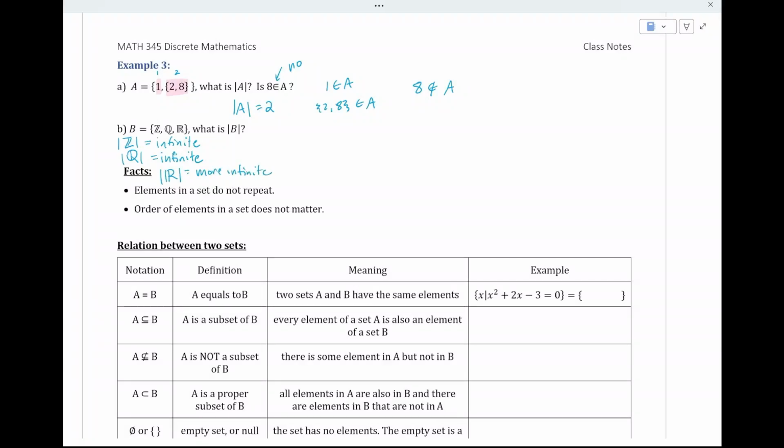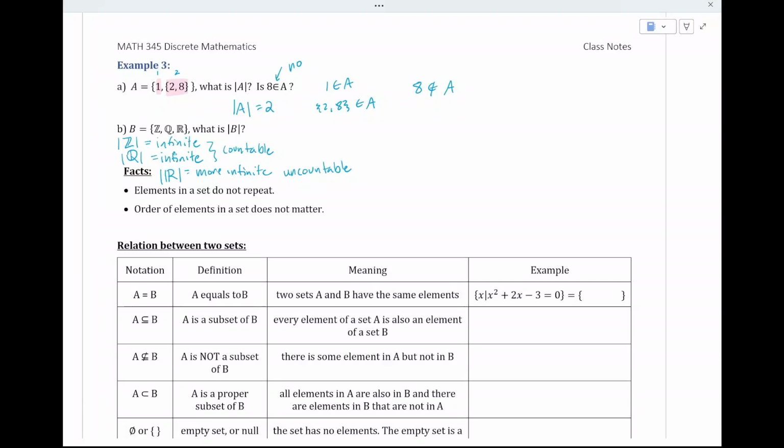We're not really going to discuss this much in this course. It's beyond the scope, but the integers and rationals have a countably infinite number of items in them, meaning you can count them. The real numbers are uncountable. So there are also an infinite number of those, but they are not able to be counted.